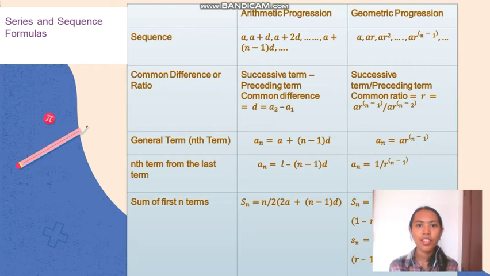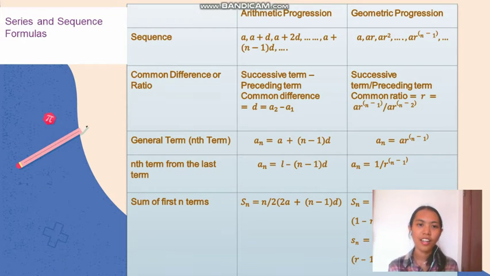Second is the common difference or ratio. In arithmetic progression is successive term subtract preceding term, or we can get the common difference, D equals A2 subtract A1. But in geometric progression, is successive term divided by preceding term, or we got the common ratio, or we can call R equals AR to the power of n minus 1 divided by AR to the power of n minus 2.